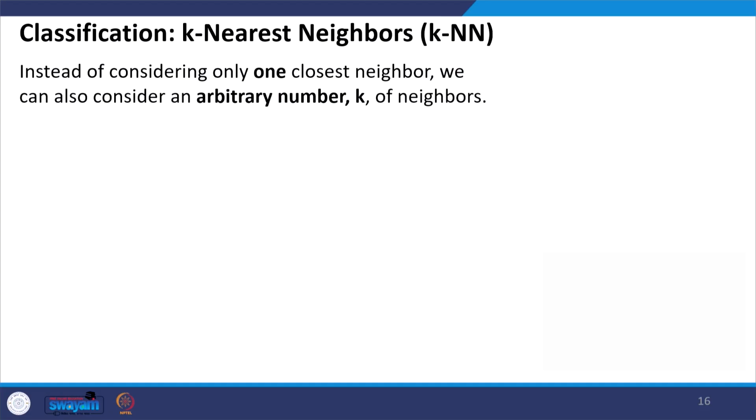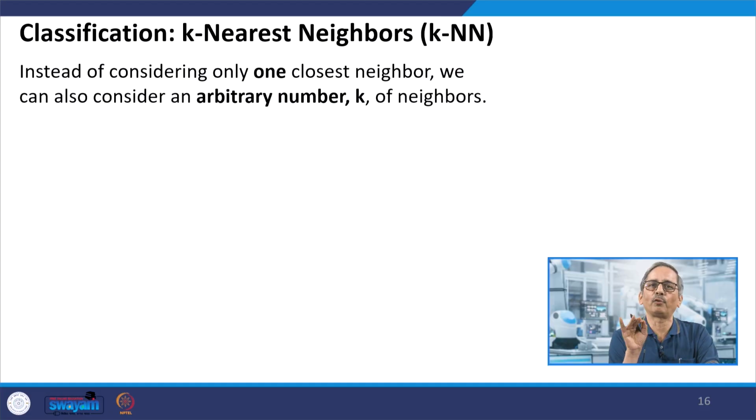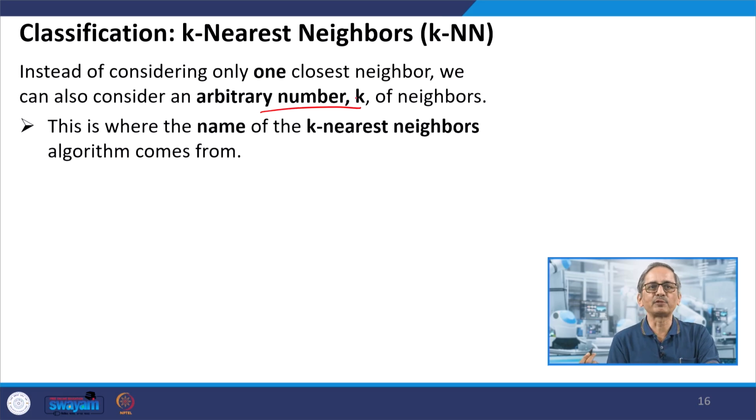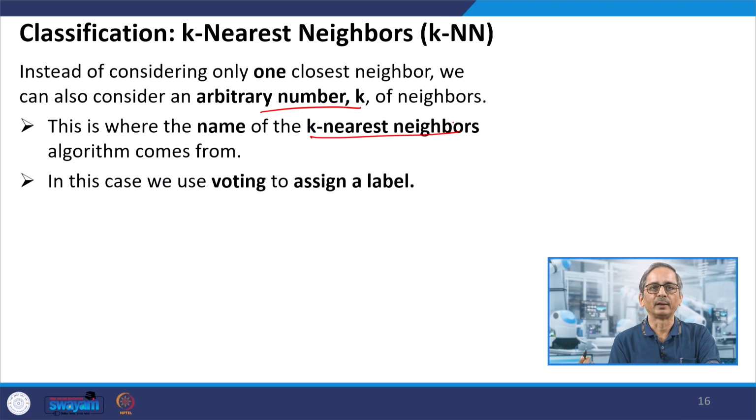Now, in the previous slide we just compared one closest neighbor. But instead of comparing one closest neighbor, we can compare many neighbors, say an arbitrary number k. This is where the name k nearest neighbor has come from.